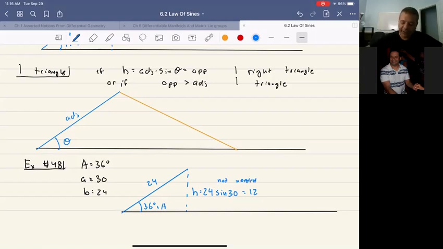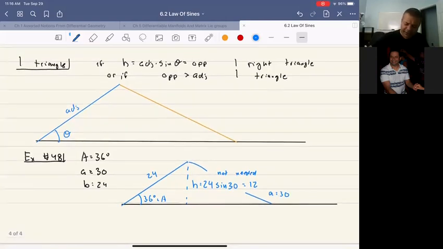My a is 30. There's no way that I can fit something 30 long in that little space. The only place I can do it is out here.